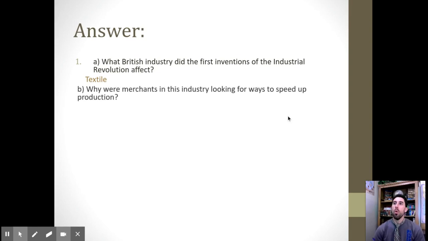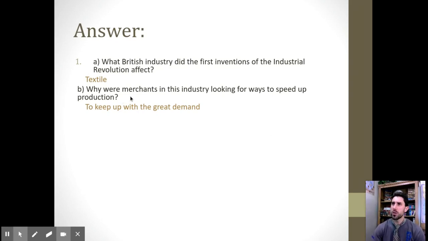Now, why were merchants in this industry looking for ways to speed up production? Why do you think? Well, to keep up with the great demand, because you have a rising population base throughout Europe, which has a demand then for a greater production of textiles to clothe them, but of course for more things than just clothing.